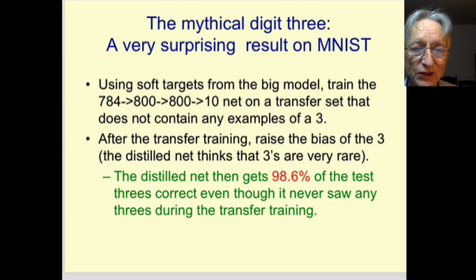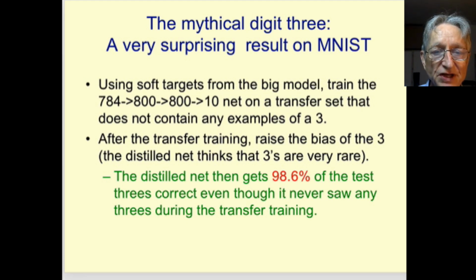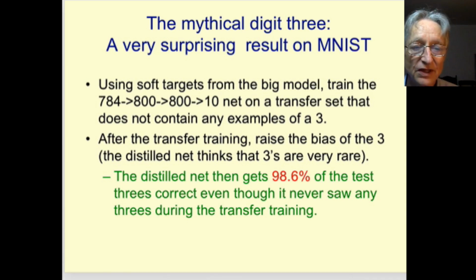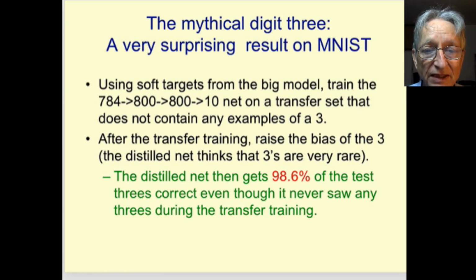Just to show you how powerful this effect is, I trained a big net on all 10 classes of digit. I then transferred the knowledge from the big net into a small net. And when I was doing the transfer, the small net never saw a 3. As far as it was concerned, the 3 was a mythical digit. It had the output category 3, and occasionally, if for example it got a 2 that looked quite like a 3, it was told there's a very small probability that's a 3.